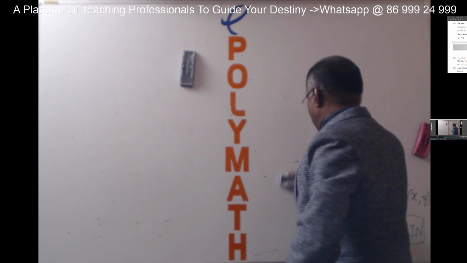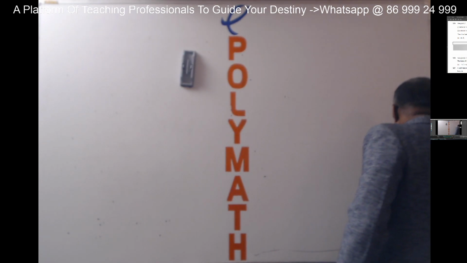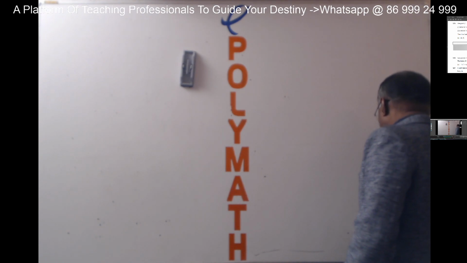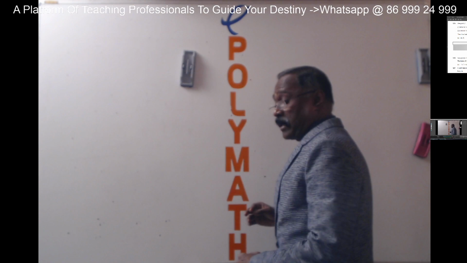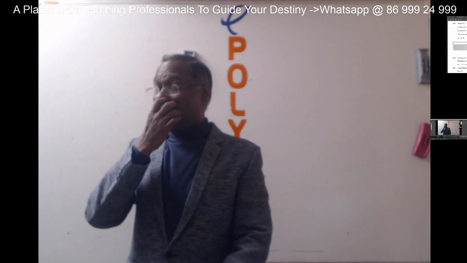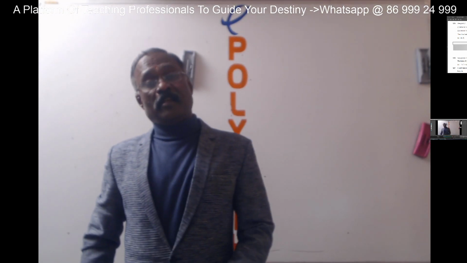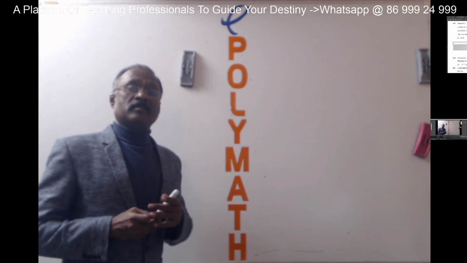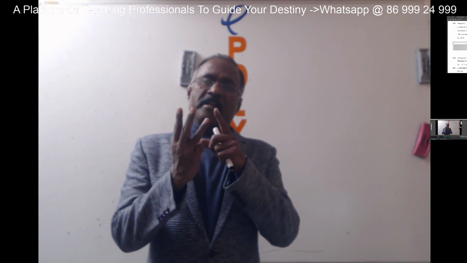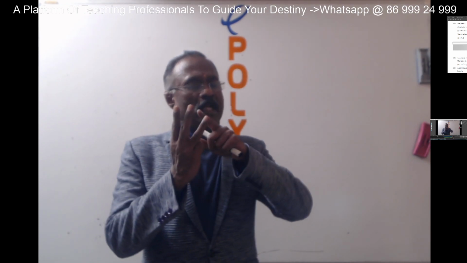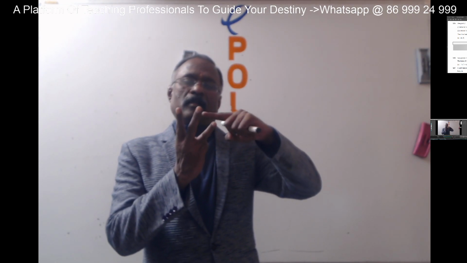Finding the relation is easy in shifting of origin, but in rotation it is a little difficult. In shifting of origin there are 3 items. Number 1, original point. Number 2, new point.